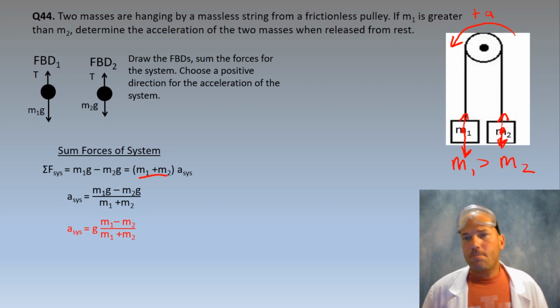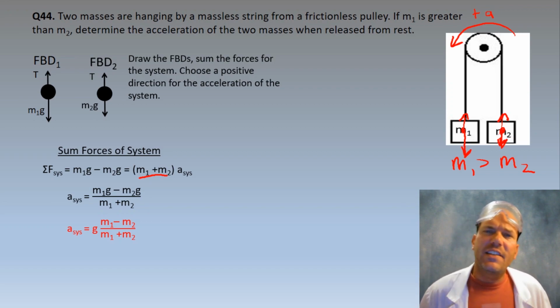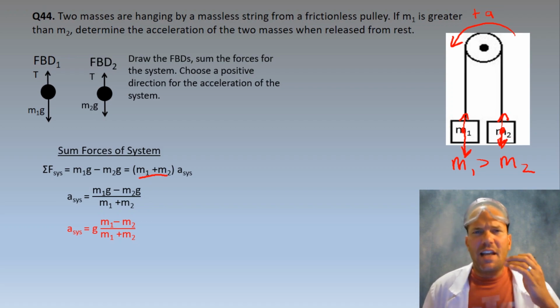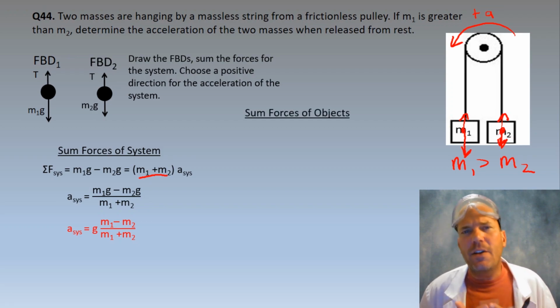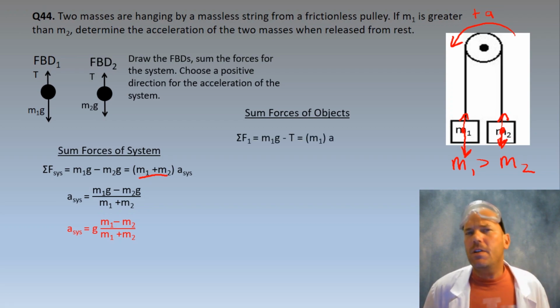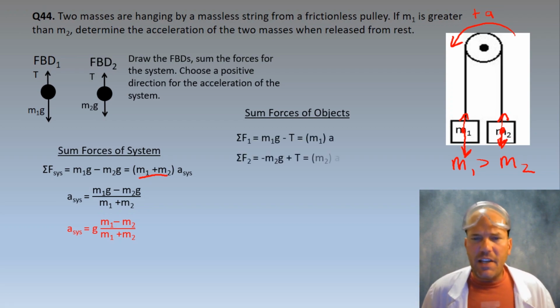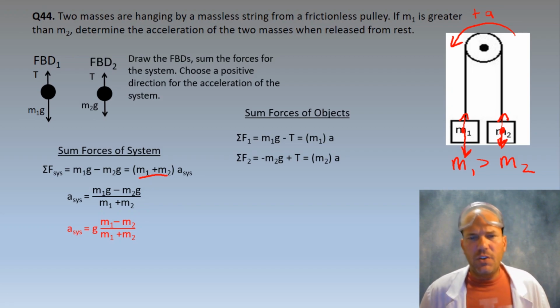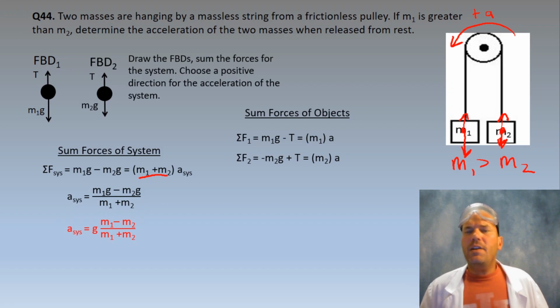Now, recall in class I mentioned that if you don't want to employ a system approach for some problems, you can look at the summations of the objects individually and then algebraically add those equations. So if we were to use that approach in this example, you can see I've summed for object 1, I've summed for object 2. Notice the direction I've still chosen as the positive direction.